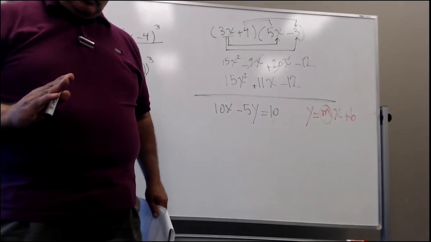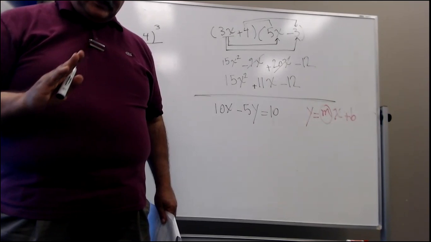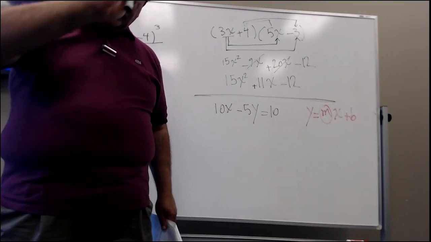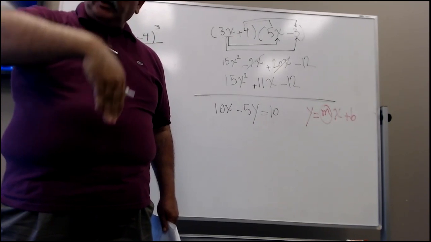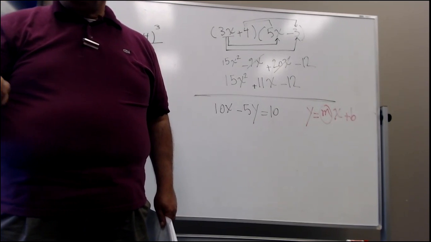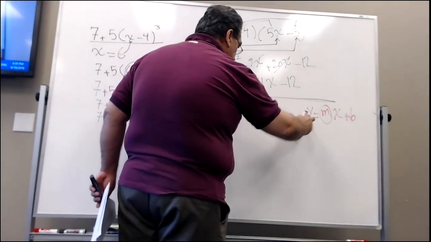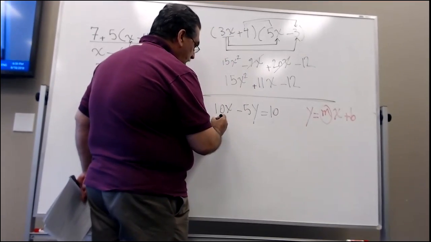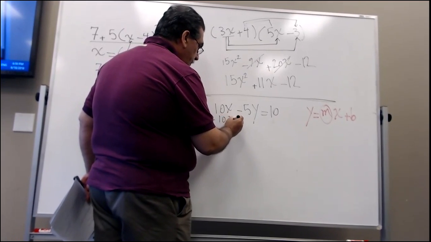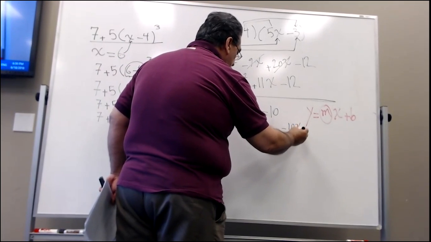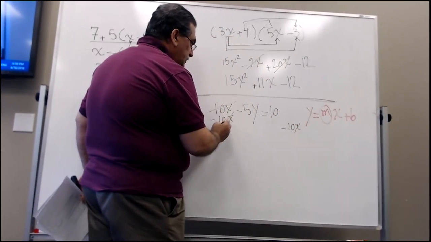It shows how high, or to what degree, a line is going up or going down, depending on whether the slope is positive or negative. So I want to change this into that shape. I need to get rid of this 10x here. Subtract 10x from both sides; these two cancel.